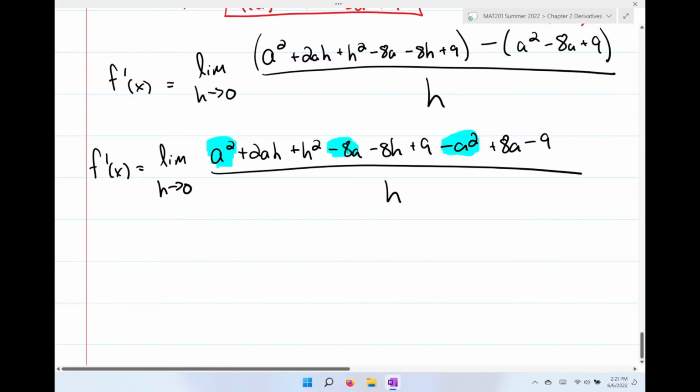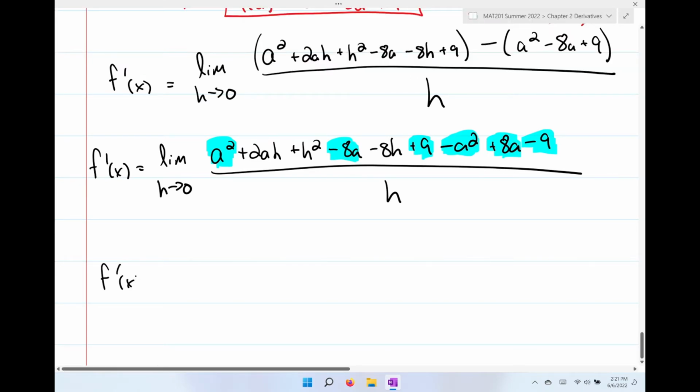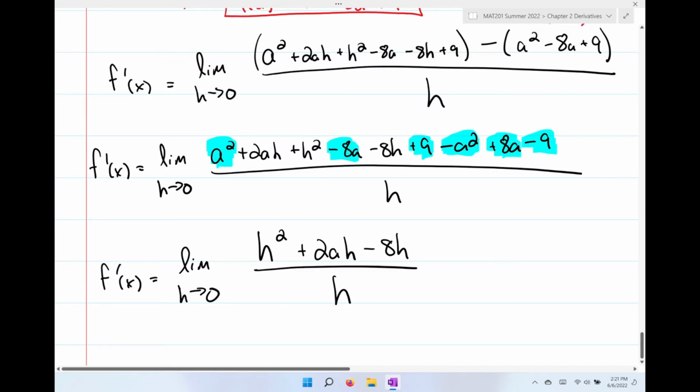Here's negative 8a and positive 8a; they cancel. And finally, positive 9 minus 9 cancel as well. So that leaves our derivative, the limit as h approaches 0 of, putting everything in order, h to the second plus 2ah minus 8h all over h.